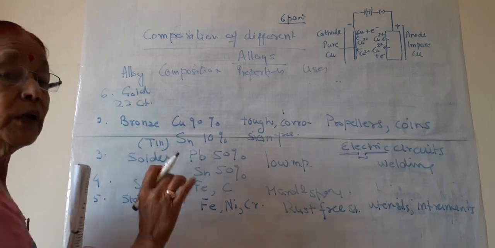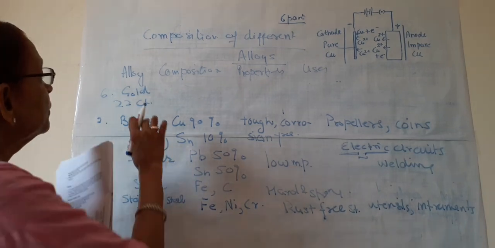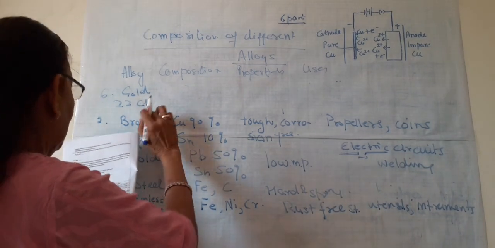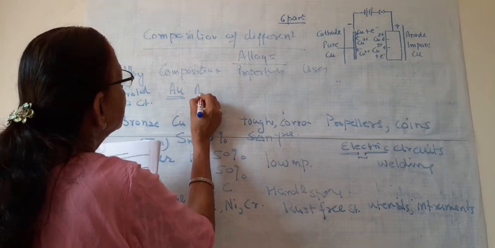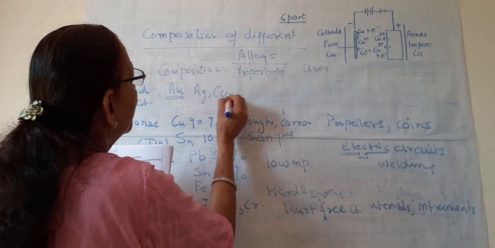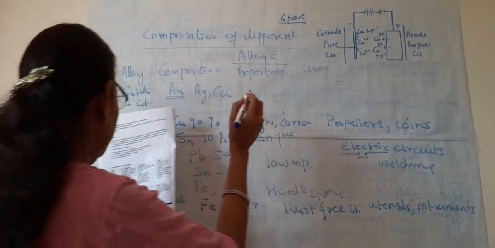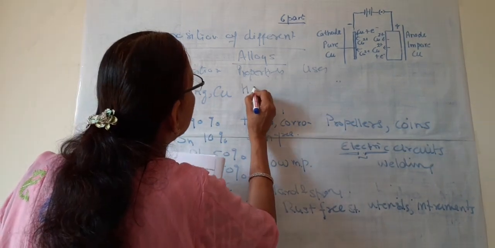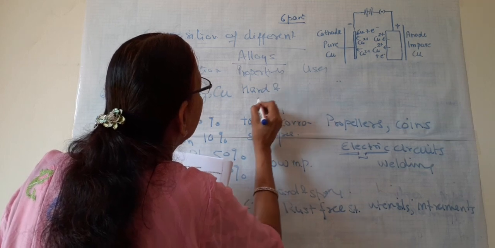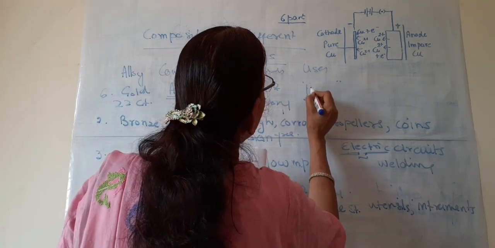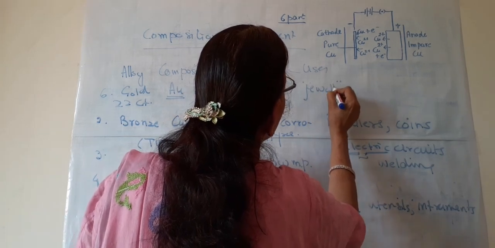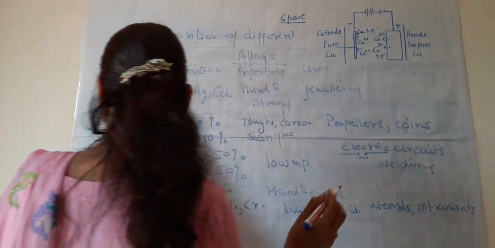In India, 22 karat gold is used for making jewelry. So this is gold, with some silver and copper mixed with gold, and this gold is now hard and strong, and it is used for making jewelry.